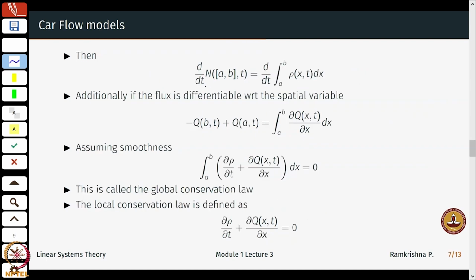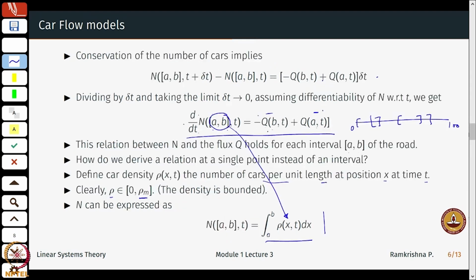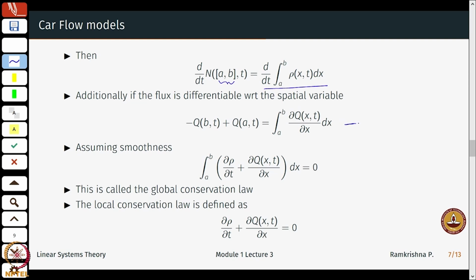Okay. So, the rate of change of cars in the interval a b at time t can be rewritten in terms of the density. Okay. This is also related to this. That is what the next expression says, that minus q b comma t plus q a comma t is just now written.